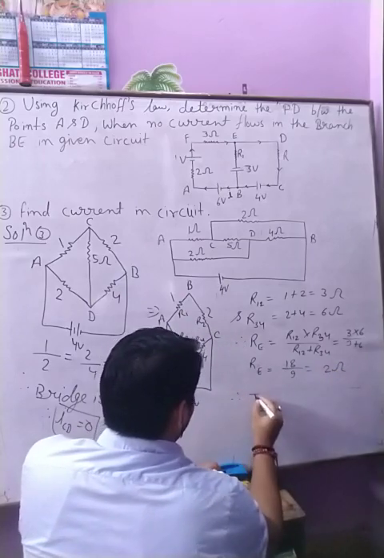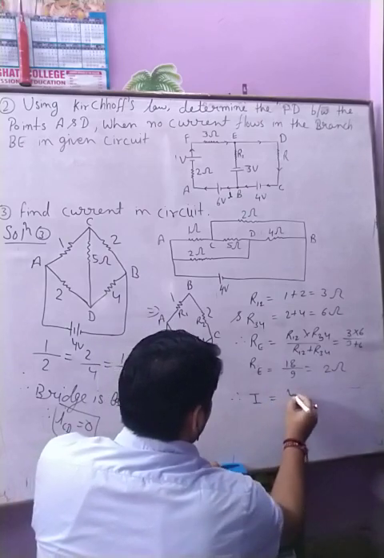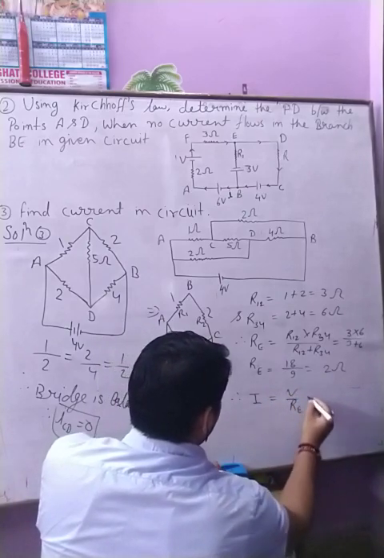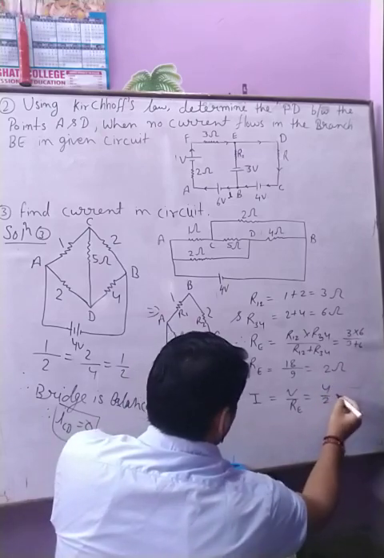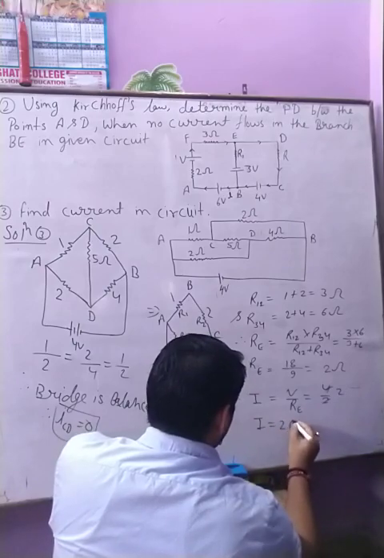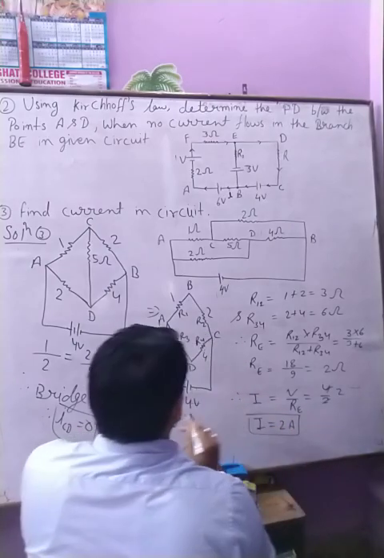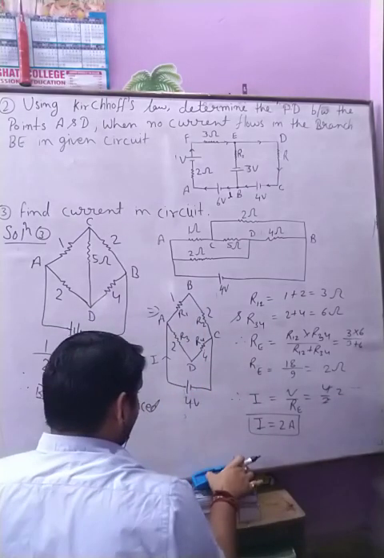Therefore current I in the circuit drawn from the battery is V upon R equivalent, which we get 4 upon 2, which is 2 ampere. And if you want to calculate the current in branch, so we find it.